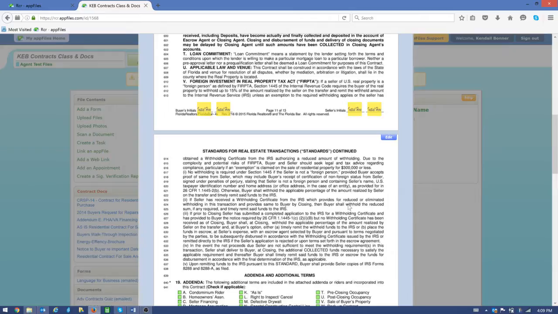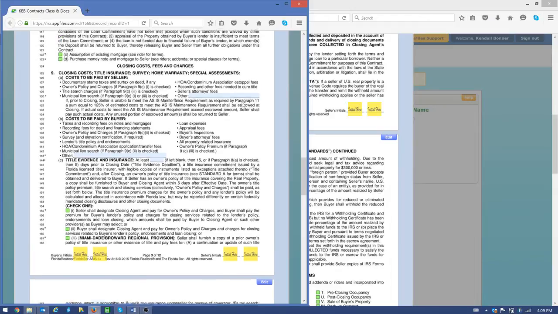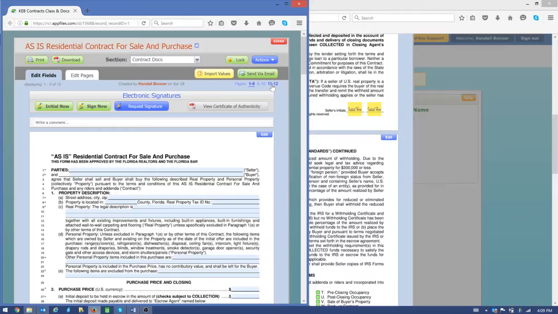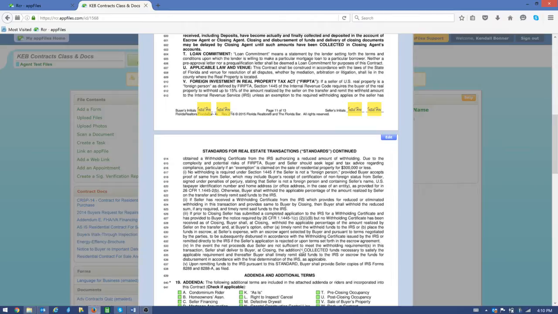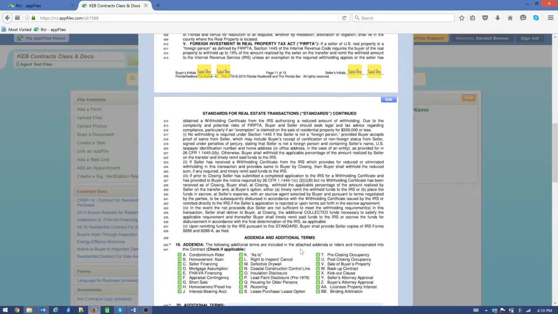So there's no 18X as there is in the as-is contract, and I'll show you that here as well. W is reserved, doesn't have anything, but we have 18X. Buyer waiver of claims does not exist in the FARBAR4 at all. It ends with 18V for FIRPTA.